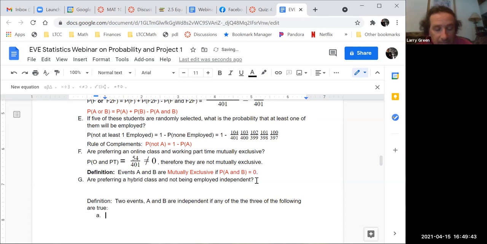So the first one is the probability of A and B is equal to the probability of A times the probability of B.